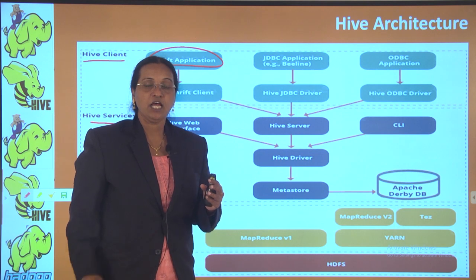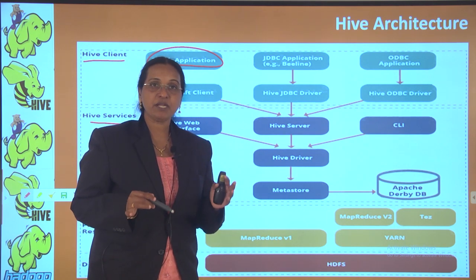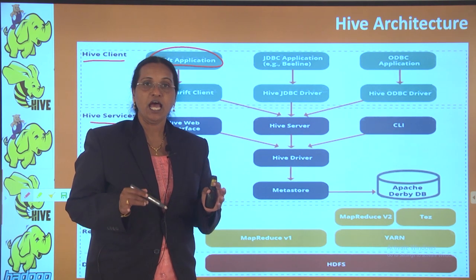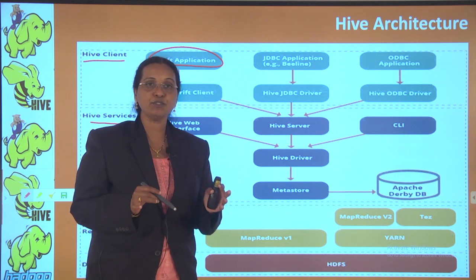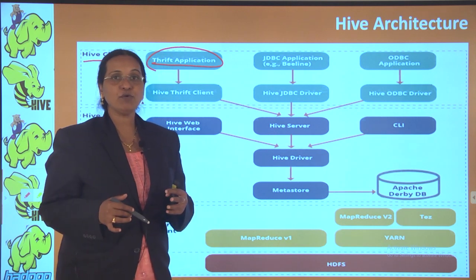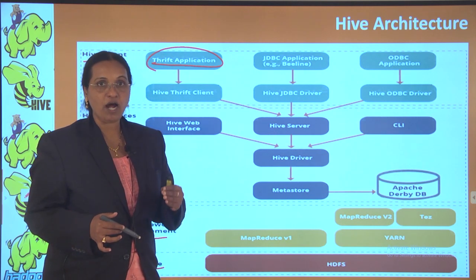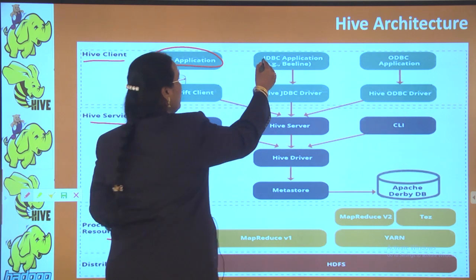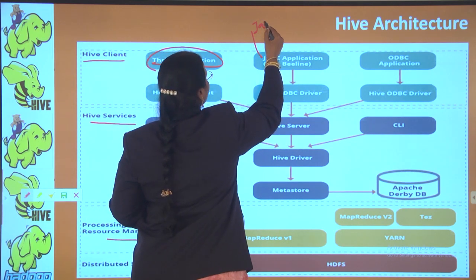That means that in Hive, as in our previous sessions we have discussed that the Hive query language makes use of writing the queries. Similarly, we can make use of JDBC, that is called as Java database connectivity.